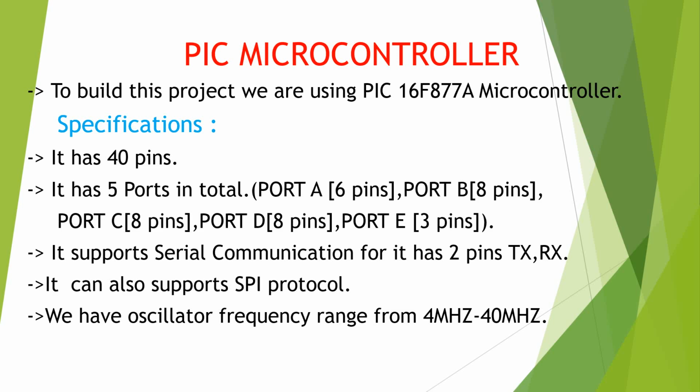It also supports serial communication with a transmitter and receiver pin. It also supports the SPI protocol, serial peripheral interface, and its clock frequency ranges from 4 megahertz to 40 megahertz. So this is all about the PIC microcontroller.